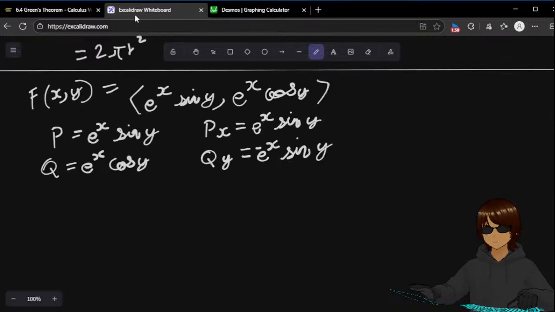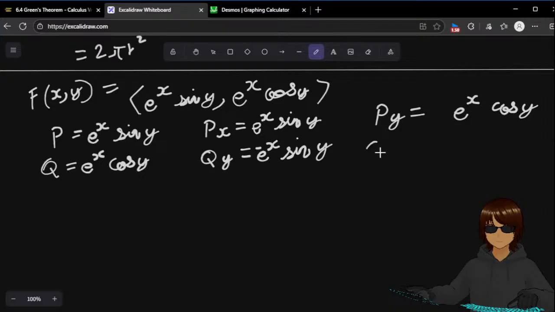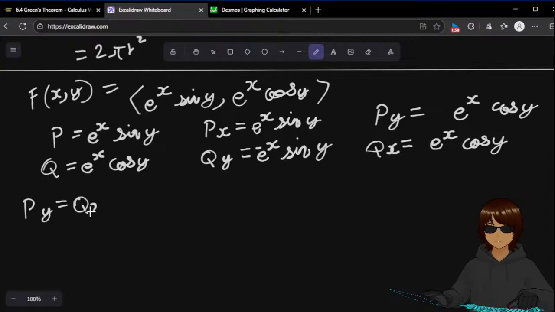And then we need to show the cross partial derivative property in order to show that it's conservative. Qx is e to the power of x, which is a constant, times the derivative of sine, which is cos, so e to the power of x cos y. Py is equal to Qx.